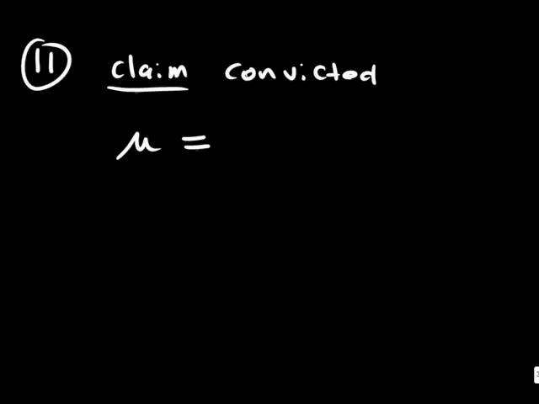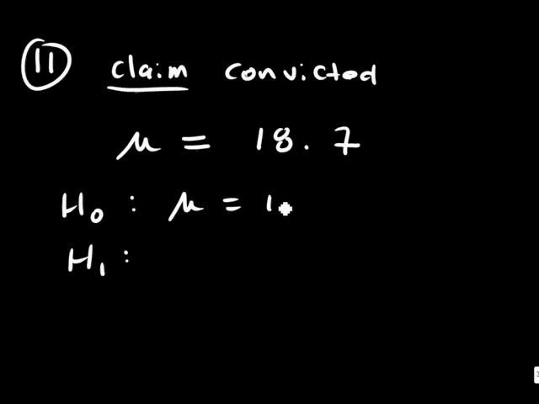Now the claim just happens to be a null hypothesis, that the mean here is 18.7. Now the opposite is that the mean is not 18.7.